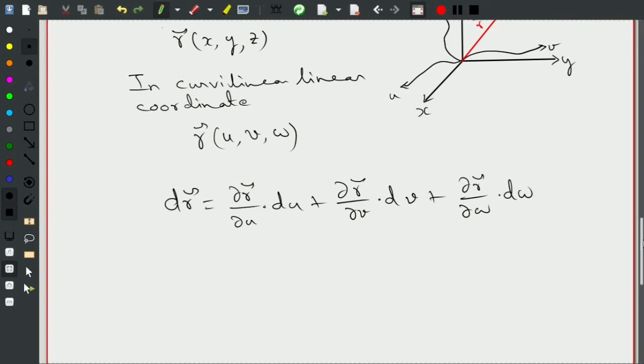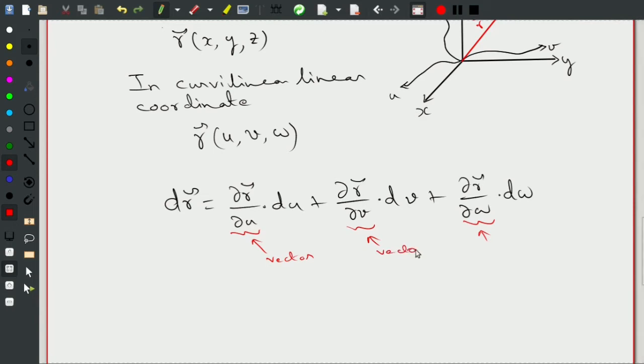So we have already seen these vectors, right? This dou r by dou u and dou r by dou v and dou r by dou w are vectors. In the Cartesian system they represent the unit vectors, but here this is the derivative of the position vector in our curvilinear coordinate.